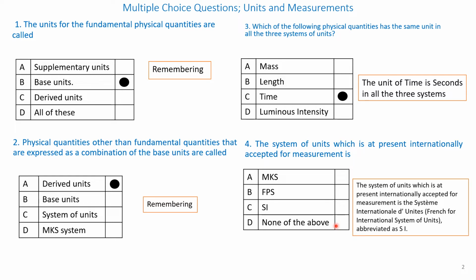The system of unit which is at present internationally accepted for measurement is Système Internationale d'Unités. That is French word for international system of units. So you mark C as the correct answer.